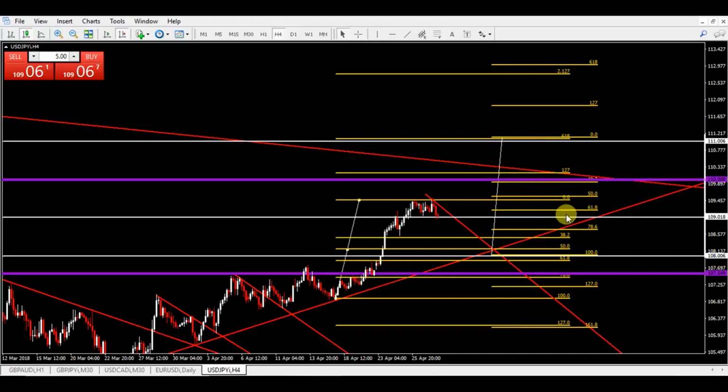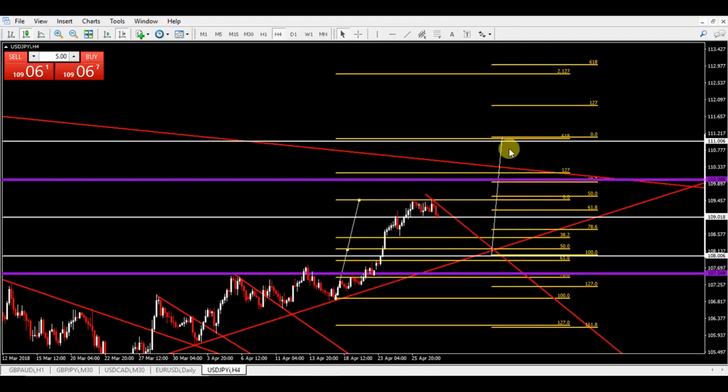A, B, C. Look at that. 61.8. Where's it coming down around to? 109, round number. What else is there? We have this, what would be resistance right here. And as the market came back down, it could possibly act as support.